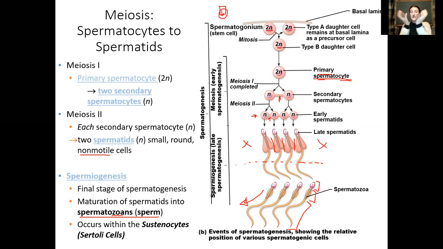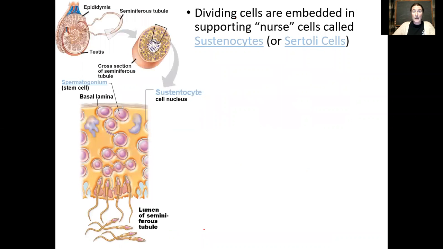So these cells are embedded within the seminiferous tubule, and the cells that are helping this process along are called two things, of course. They're called sustentocytes because they're literally sustaining cells. They're sustaining this process of spermatogenesis. And the more antiquated term is Sertoli cells. You will see this written both ways.